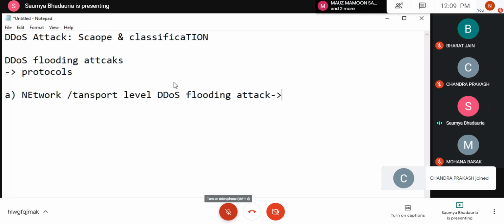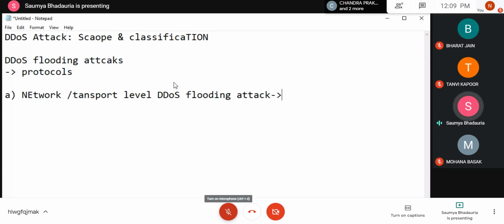So on the basis of protocols, the first attack is the network or transport level DDoS flooding attack. Most of these attacks are launched using TCP, UDP, ICMP, and DNS protocols.